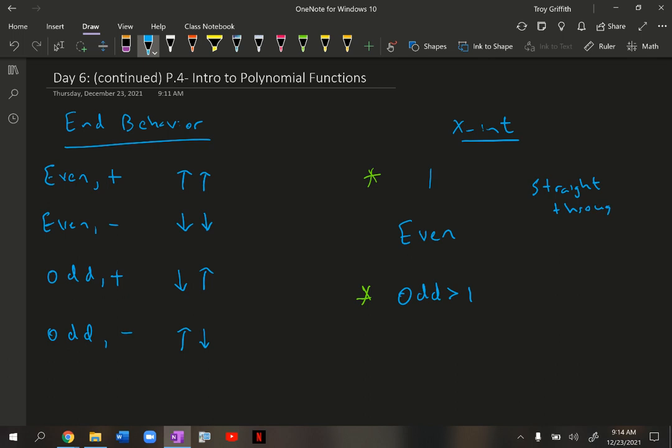If the multiplicity that causes an x-intercept is even, we bounce. And if the multiplicity that causes an x-intercept is odd and greater than 1, instead of going straight through, we do a little bit of a squiggle through. Okay. All right, so we'll see these things come up today, and we will continue.